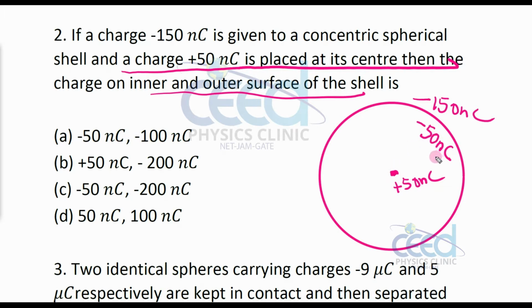So if I place plus 50 nanocoulomb at the center, its inner face induces minus 50 nanocoulomb. Due to this minus 50 nanocoulomb at the inner surface, a plus 50 nanocoulomb is induced at the outer face.